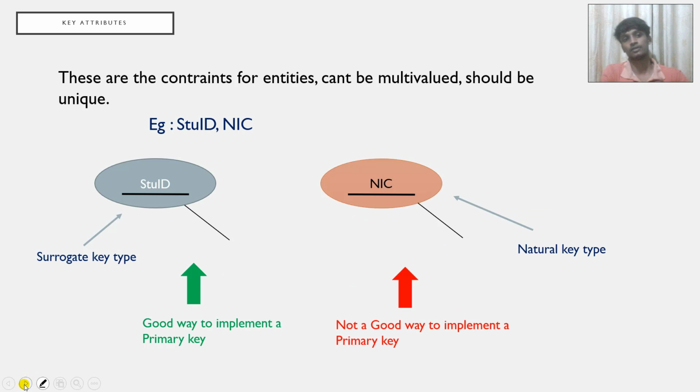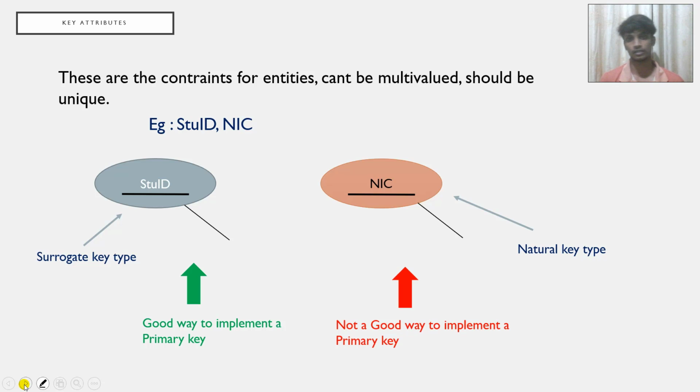Now the key attributes. This is very essential. These are the constraints for entities: can't be multi-valued, should be unique. At this stage, I'm not going to explain again and again what key attributes mean, because in the first video we learned about key attributes in a more descriptive manner.